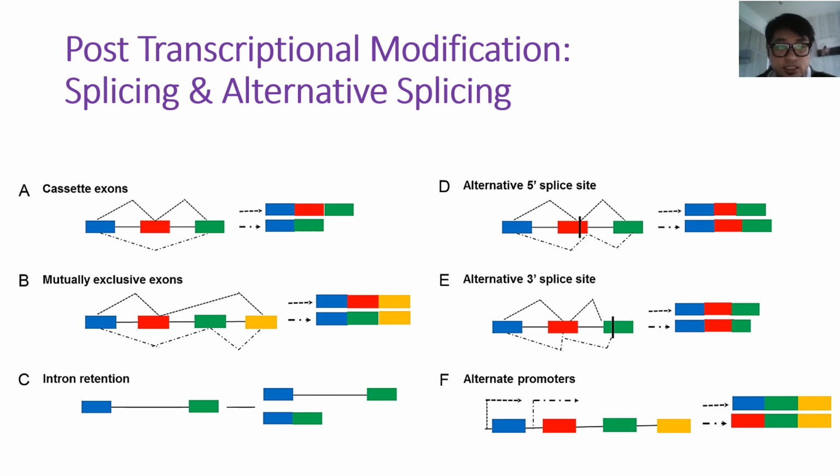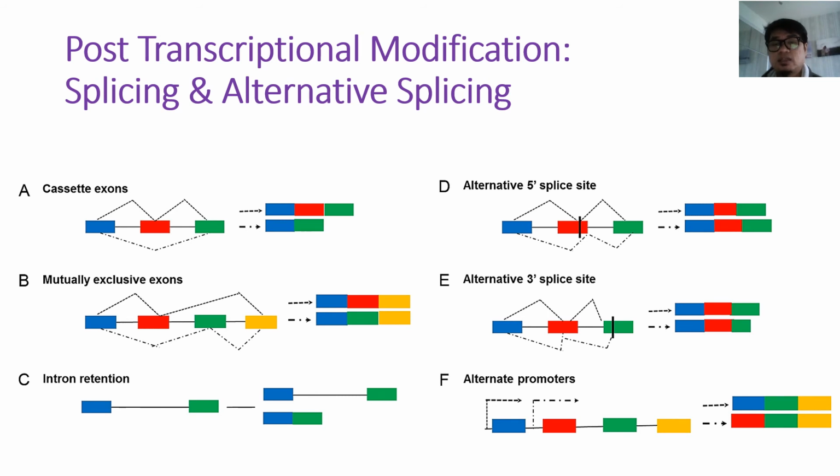The second one is mutually exclusive exon, meaning that the first exon can bind either the second exon or the third exon to produce a different isoform. The third one is intron retention, meaning that in this case the intron is not removed, so it is retained in some cases.